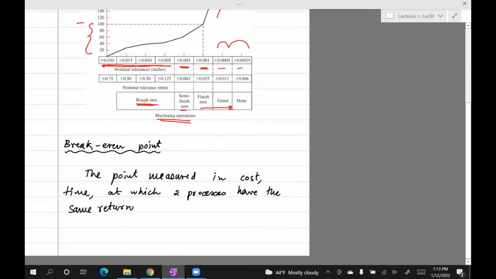So for example, if you are working on a lathe, you will see that there's certain costs to make parts. Now if you change that to a CNC, then you'll have a different cost. If you want to figure out at what particular number of parts you would break even on CNC, you will see that for CNC, perhaps you need to pay more money upfront.